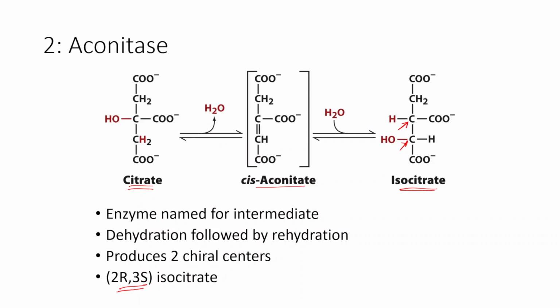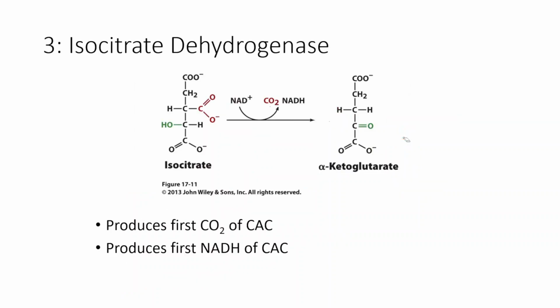All right, so let's now talk about the next reaction. The next reaction is catalyzed by isocitrate dehydrogenase. As the name suggests, this is a redox reaction, as you know from the dehydrogenase name of our enzyme, and the substrate that it uses is isocitrate, which was the product of our last reaction.